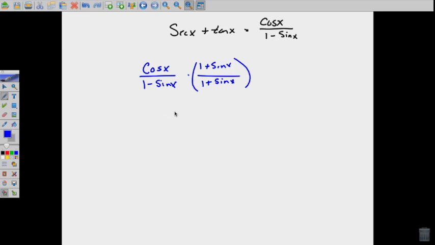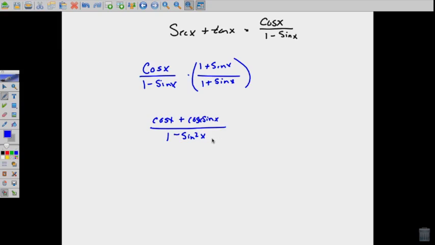On the top, I'm going to end up with cosine plus cosine sine. And on the bottom, I keep dropping the variables. Bad, bad, bad. On the bottom, I'm going to get 1 minus sine squared of x.